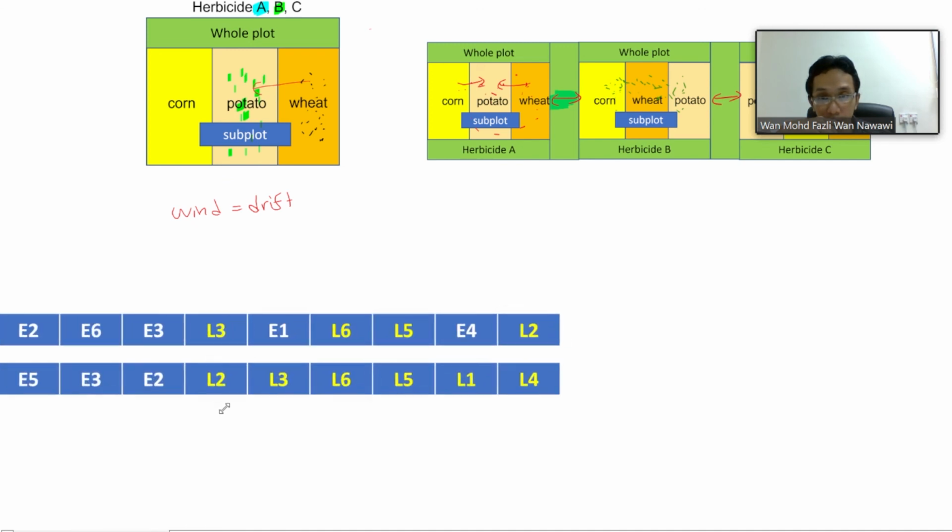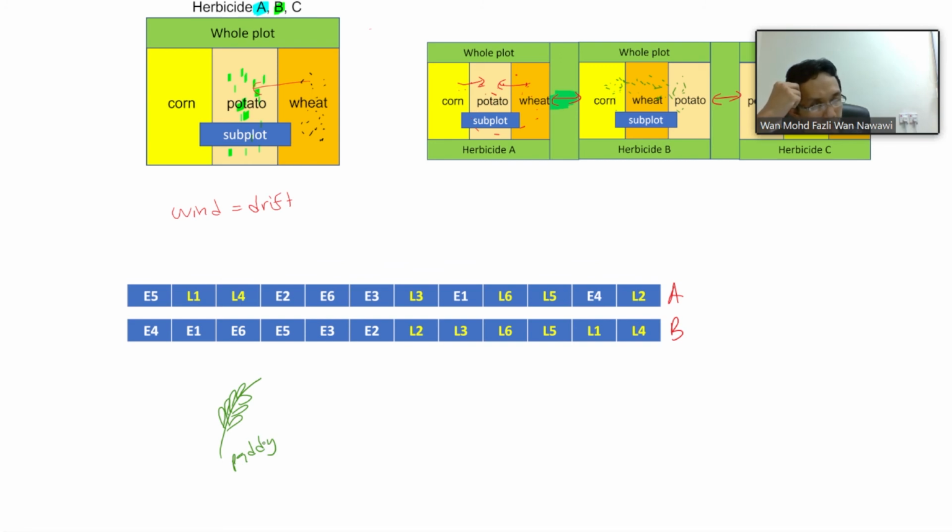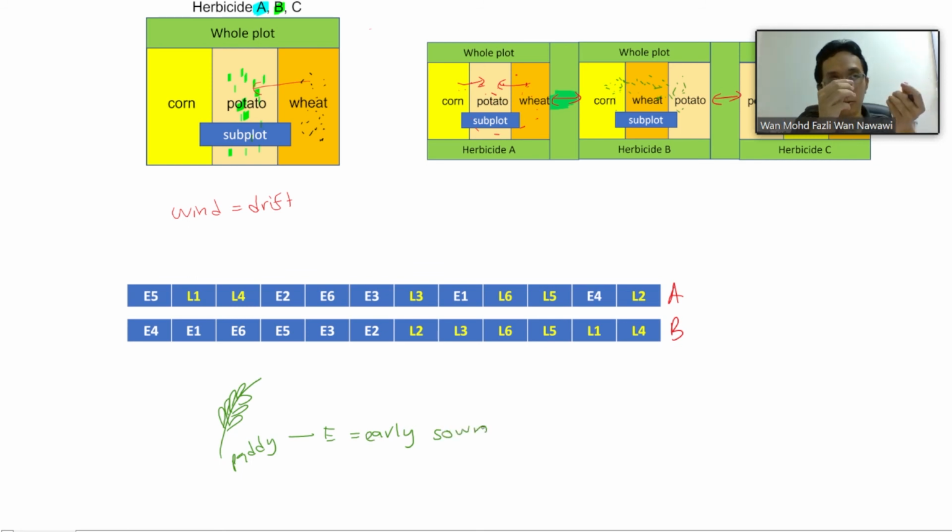Let's say I put A, I put B. So the experiment is this: you grow paddy, and you have two varieties, meaning E is basically early sowing, where you sow the paddy early in the year, maybe in January, and then you have another one, late sowing, where you put the paddy in maybe July.